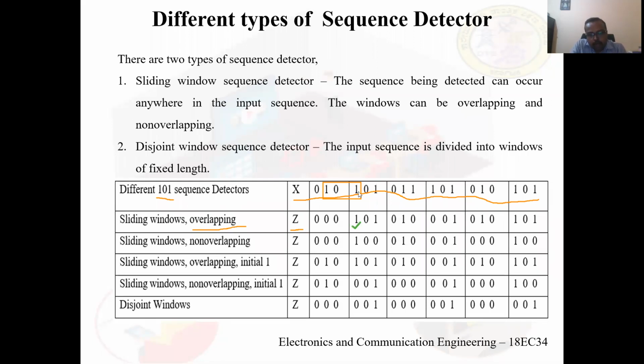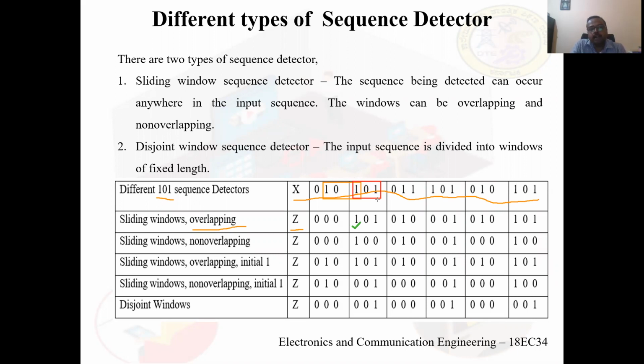Similarly, we have 1 0 and 1. Next, 1 0 and 1. As you can see here, the last input of the previous sequence is the first input of this new sequence. This one is overlapping, right?